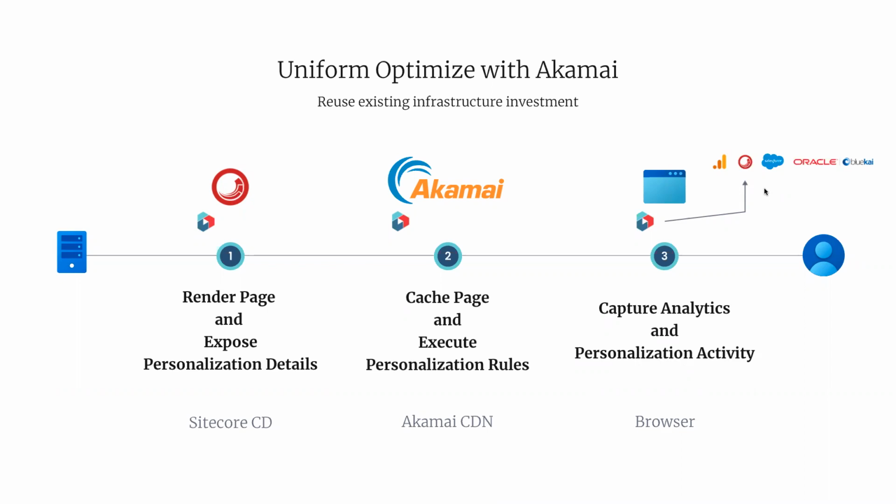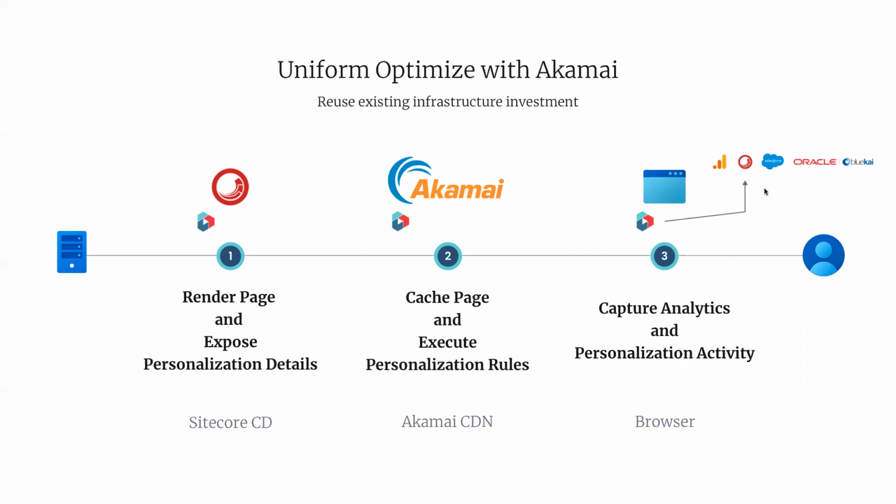One of the other offerings that Uniform has for Sitecore customers is Uniform Optimized with Akamai, and you can reuse the existing infrastructure if you don't want to go the Jamstack way, and you have customers that are interested in just caching and having personalization on the edge, a real edge, by utilizing edge side includes. So what happens here?